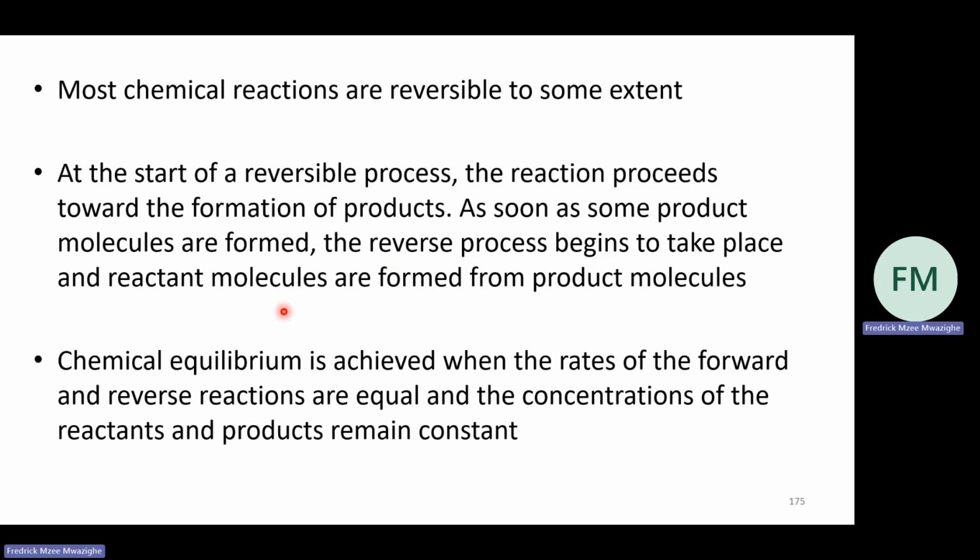And the reactant molecules are formed from the product molecules. Chemical equilibrium is achieved when the rates of the forward and reverse reactions are equal and the concentrations of the reactants and products remain constant.